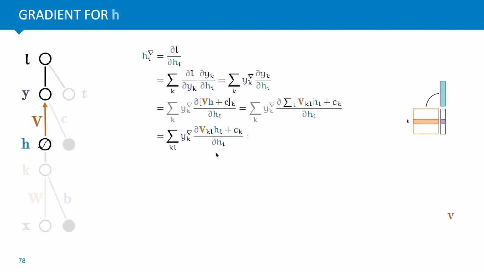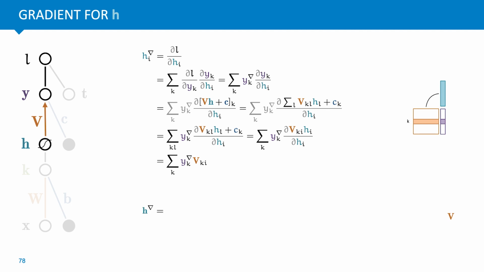This derivative is non-zero whenever I is equal to L. So all the terms where L is not equal to I, we can eliminate from the sum, and we can express that by setting all the L's equal to I and eliminating the indexing over L, but we still have an indexing in the sum over K. Continuing with this sum in place, we can work out this derivative by cancelling the hi's against each other, which leaves us with this expression for the scalar derivative for hi. This is the quantity that we need to compute for every hi.